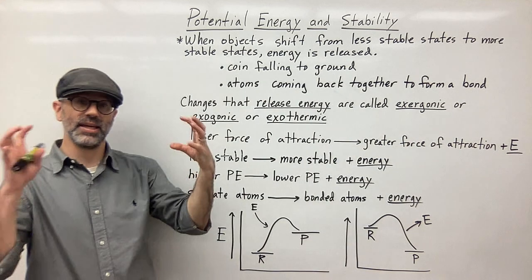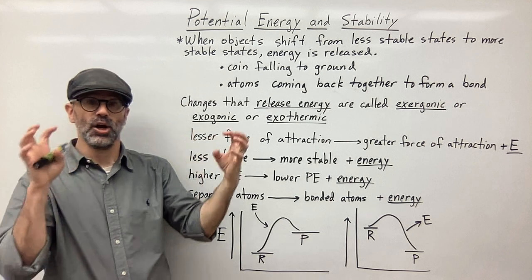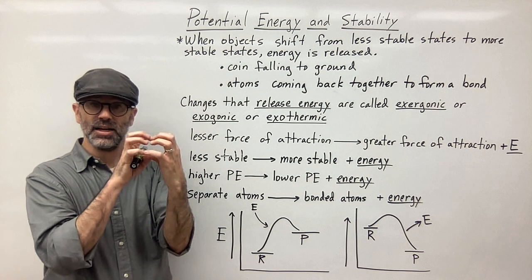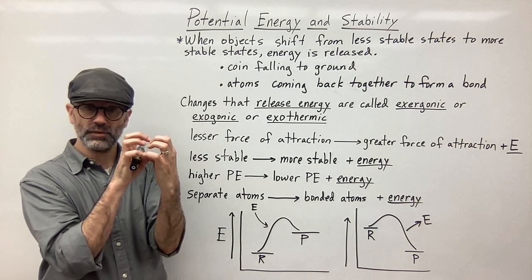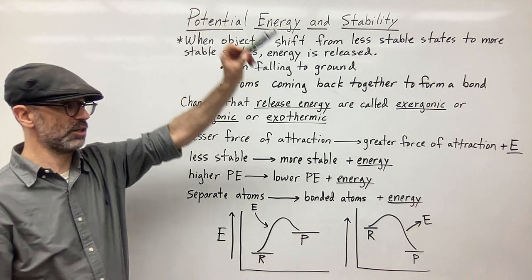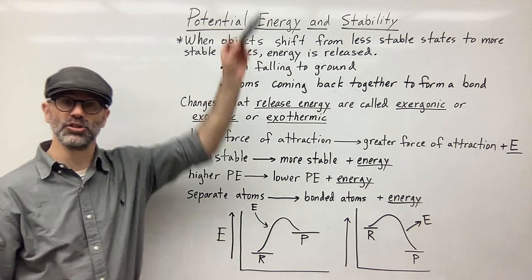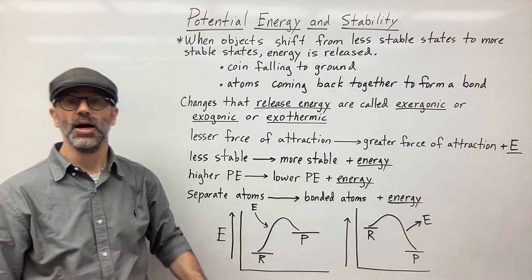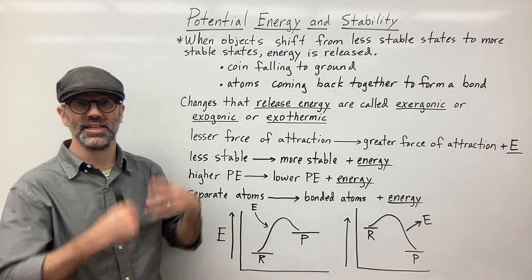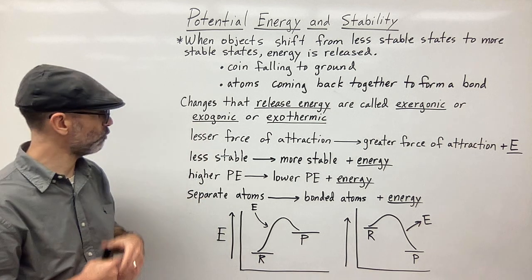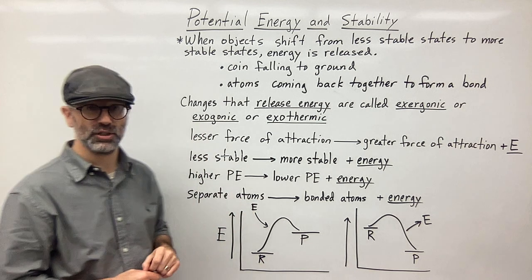So when the atoms come together, release of energy, you're going to feel a greater force of attraction. As the object falls towards the earth, it feels a greater force of attraction. So losing potential energy, it's releasing that energy in the form of, say, kinetic energy if it's falling to the ground.